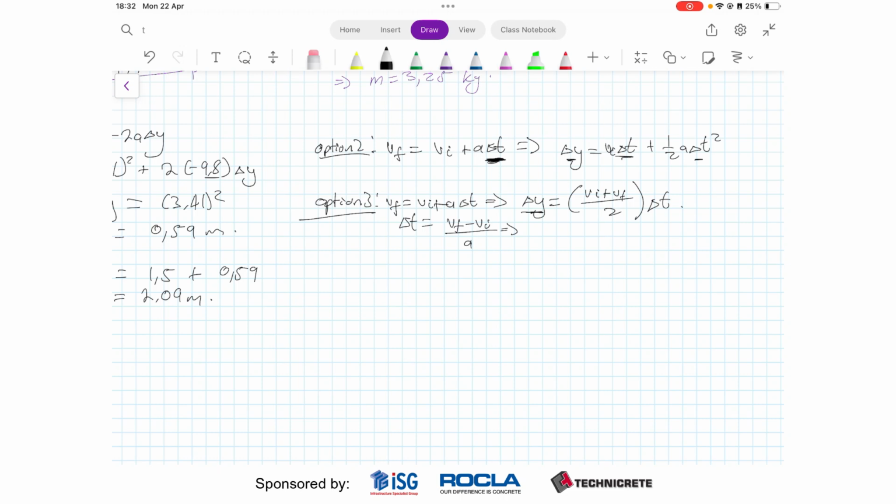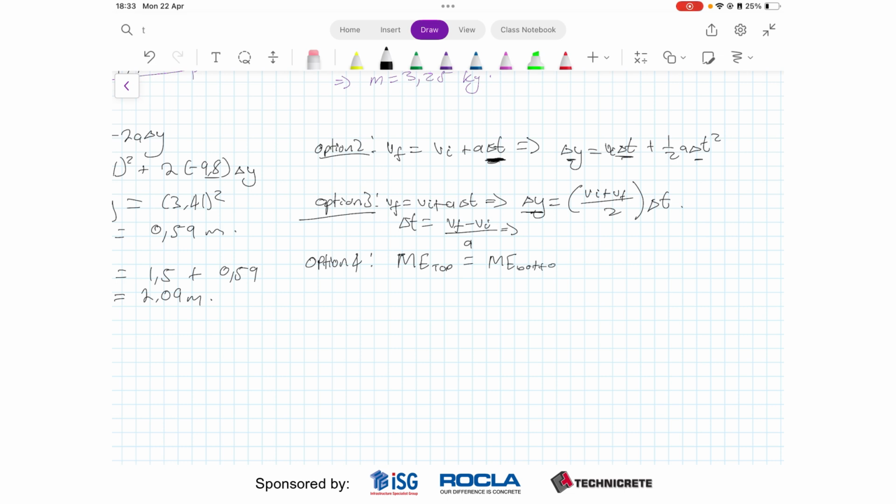Okay, your fourth option would have been to use conservation of mechanical energy. So for conservation of mechanical energy, you would have started with the mechanical energy at the top is equal to the mechanical energy at the bottom.